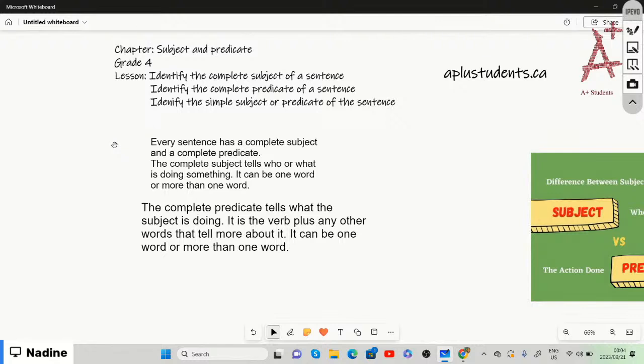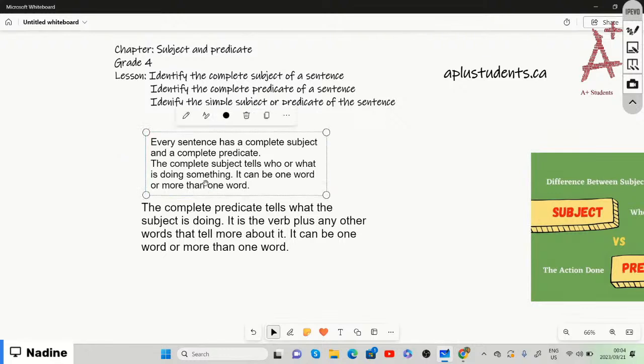So in your sentence, there needs to be a subject as well as a predicate. Basically, every sentence has a complete subject and a complete predicate. If it does not have one of those, then it's not a complete sentence, or it's not a complete thought, let's put it like that.